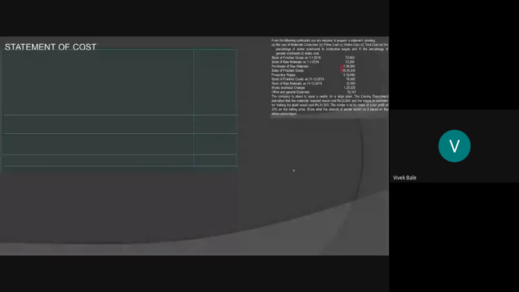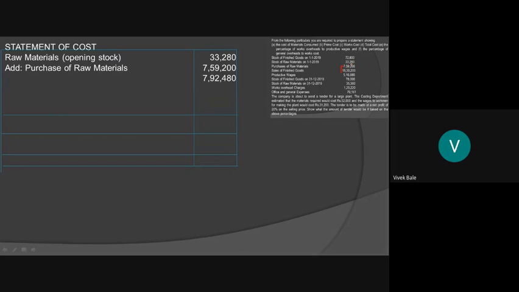Okay. Now to calculate the cost, we have raw material of rupees 33,280. To that we add the purchase of raw material, and automatically we have the total material of rupees 7,92,480.